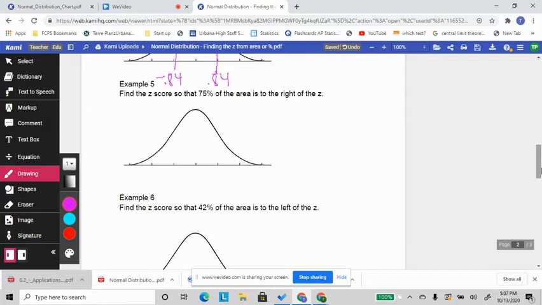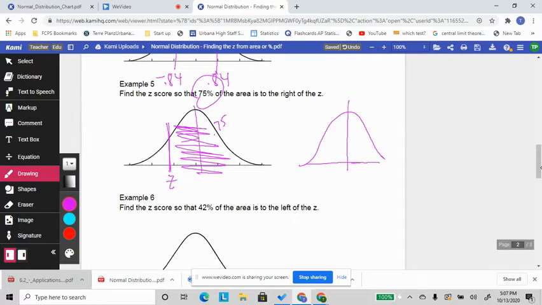Says find the z-score so that 75% of the area is to the right of the z. Okay, so we want a z-score. So let me say if I put a z-score here, I want a z-score somewhere so that 75% of it is to the right of it. Okay, is that possible? Is that correct? Yes. Let's say I put it over here.